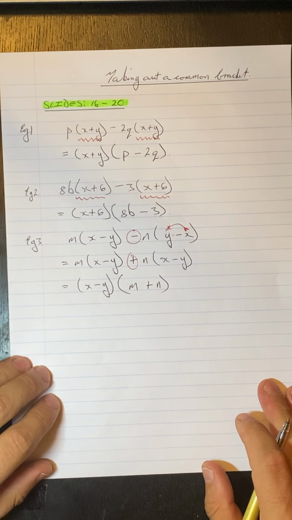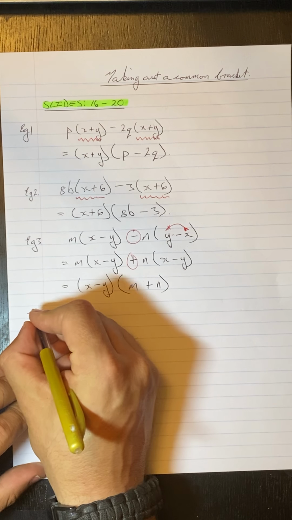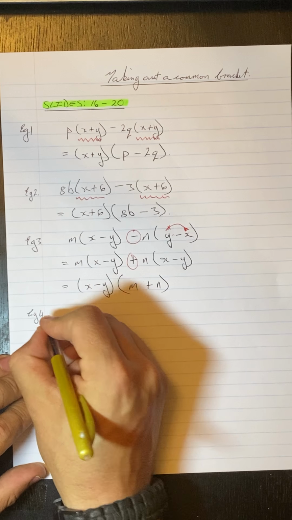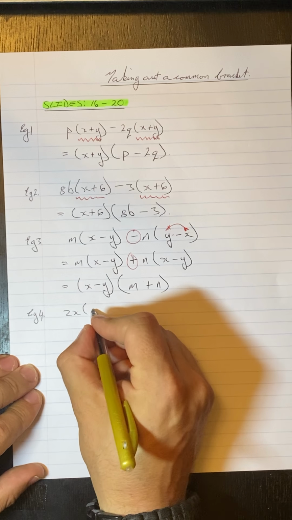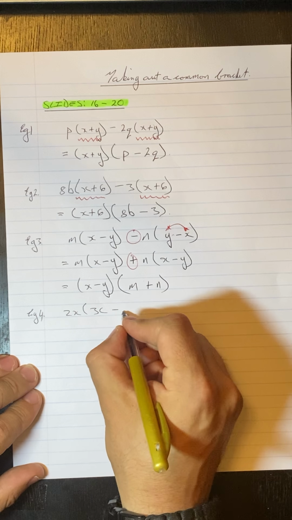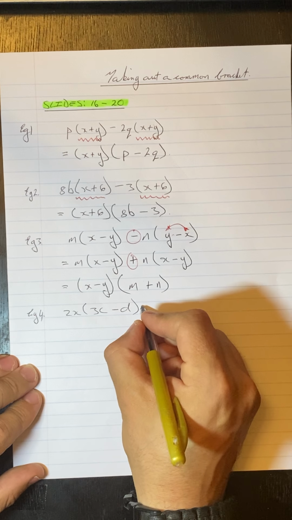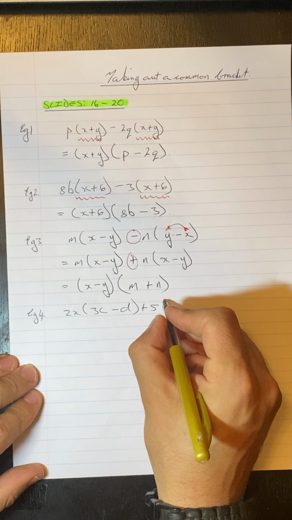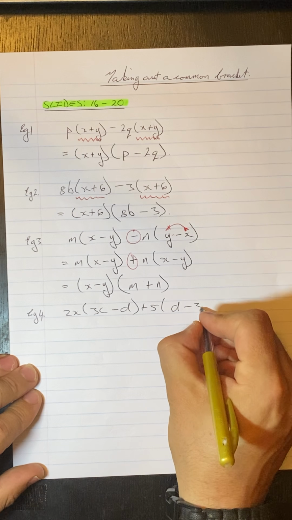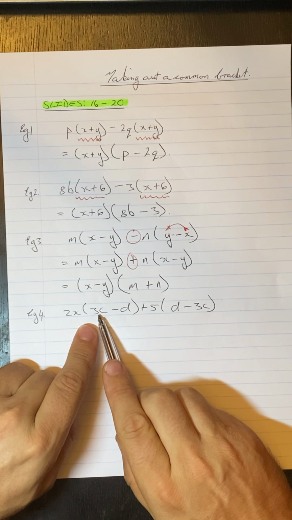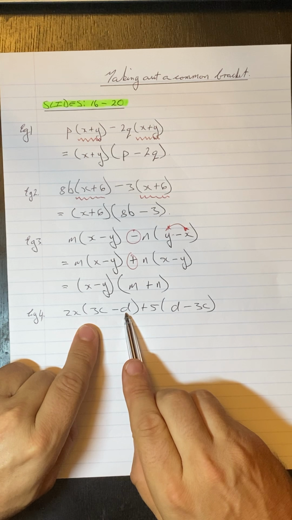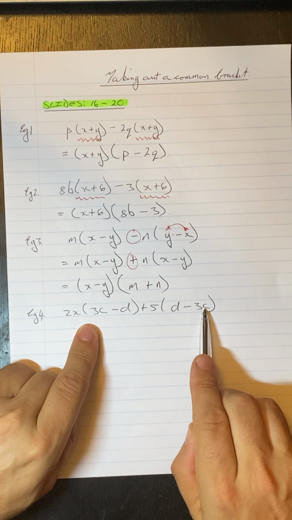Looking at the next example, as you can see, they look very similar. We have a 3c minus d minus 3c.